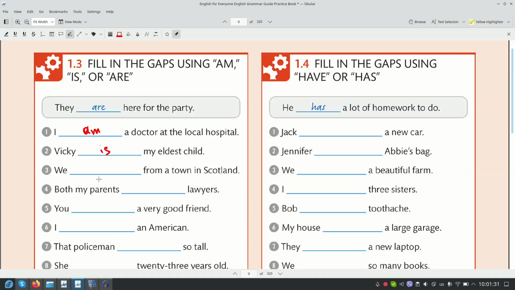We are from a town in Scotland. Both my parents are lawyers. You are a very good friend. I am an American. That policeman is so tall.